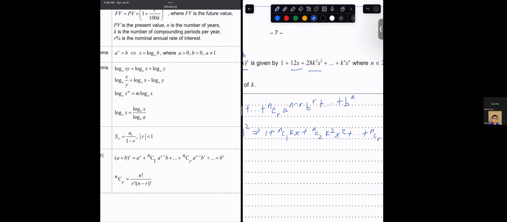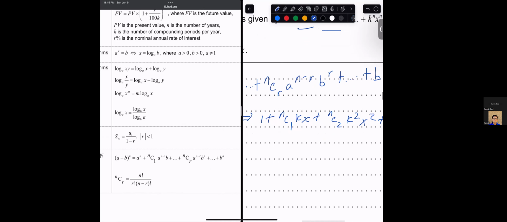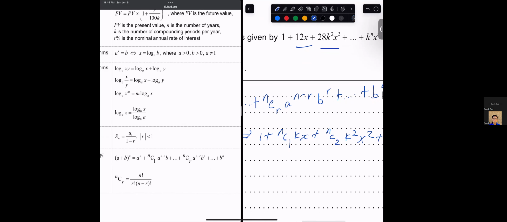The comparing part comes to this portion right here. What we're given in the question is this whole thing, so we first want to ask what 12x is going to match with. If we remove the x, nC1 will always equal whatever the n is.